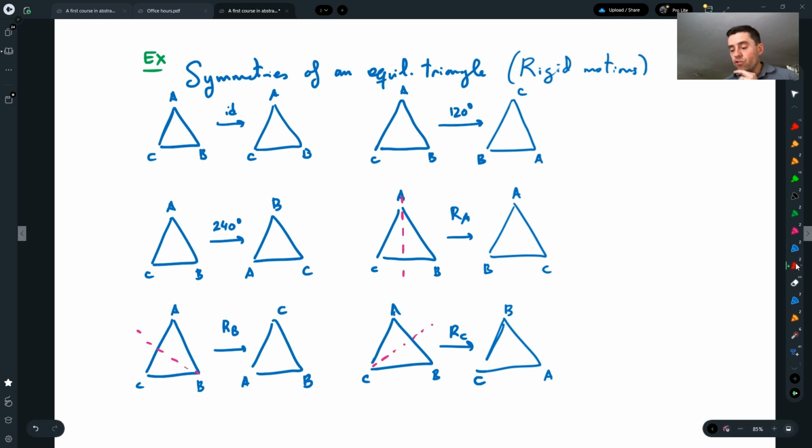What I want to see is that I can figure out which one of these it is by where the vertices go.